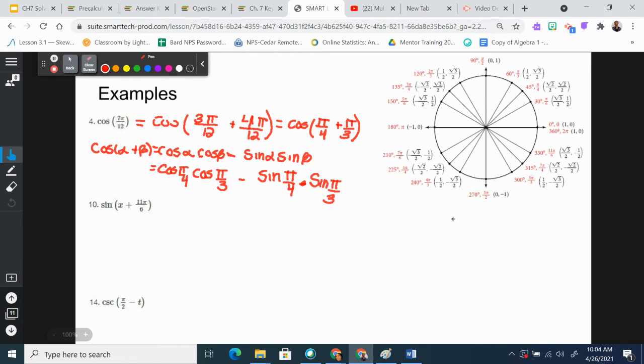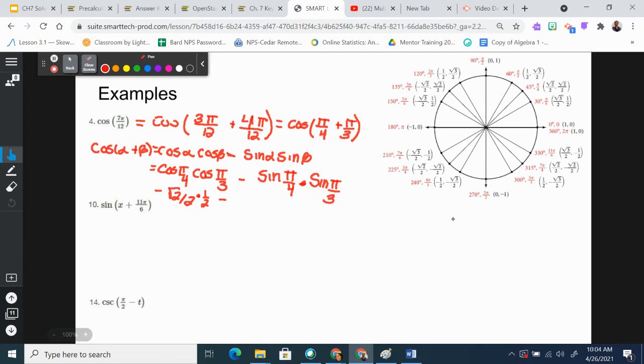So cosine of pi fourths, my pi fourths here. So the cosine, my x-coordinate, is square root of 2 over 2. So I'm going to write that over 2 times, and then my cosine of pi thirds, right here, 1/2, minus the sine of pi fourths here.